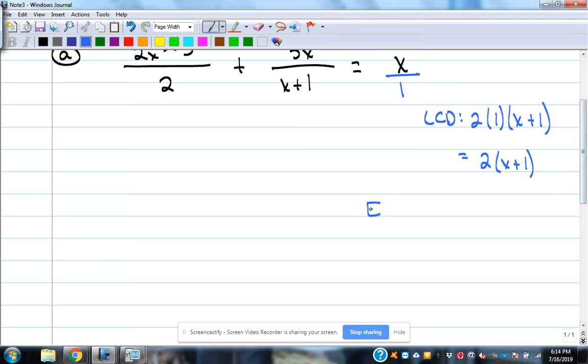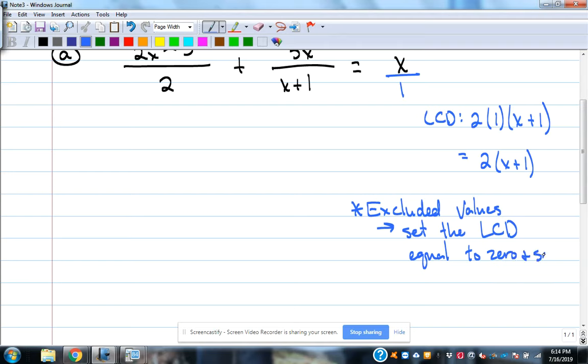So the key is to set the LCD, least common denominator, equal to 0 and solve.